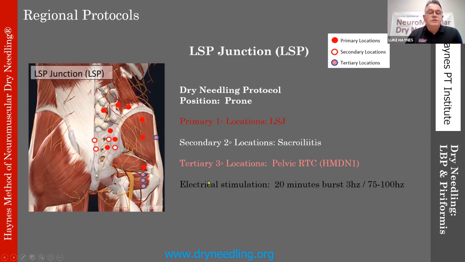Secondary locations would be those that we use for sacroiliitis, which would be the interspinous ligaments of the sacrum and then the posterior sacral ligaments themselves. And then lastly, our tertiary locations would be the pelvic rotator cuff muscles, so the deep rotators and IT band here.